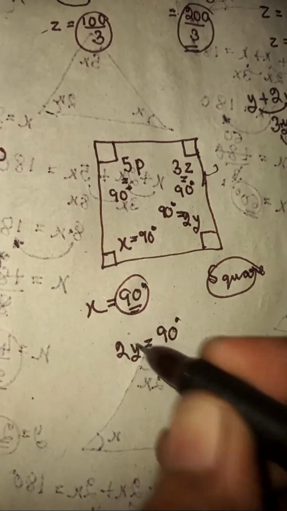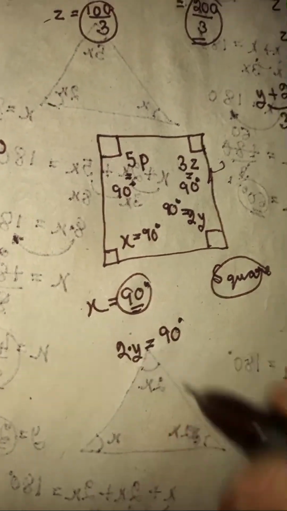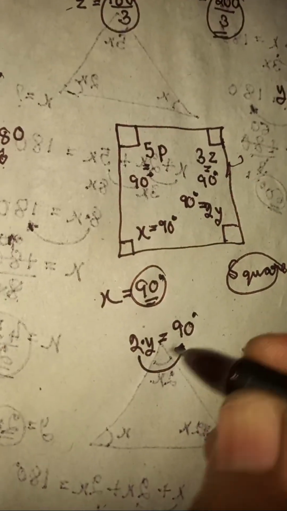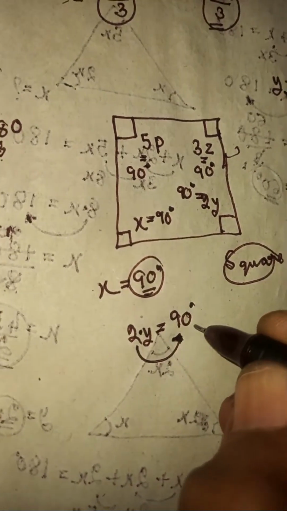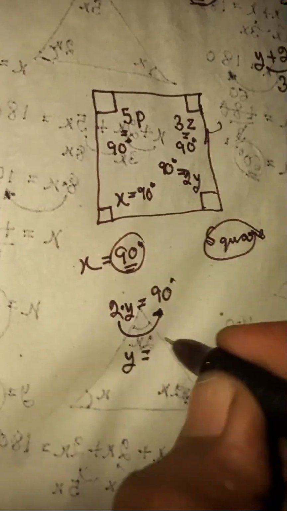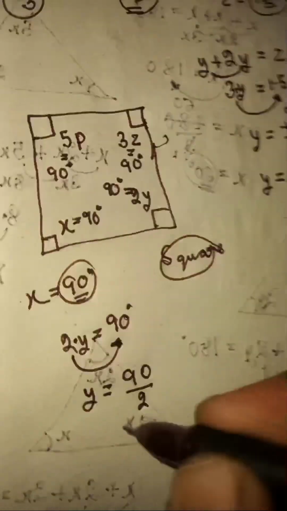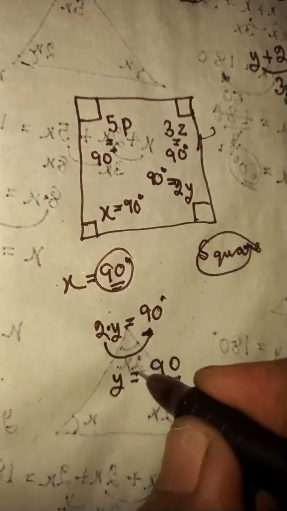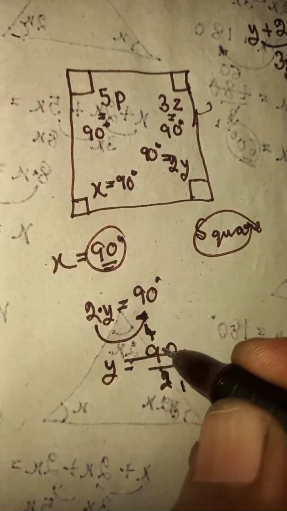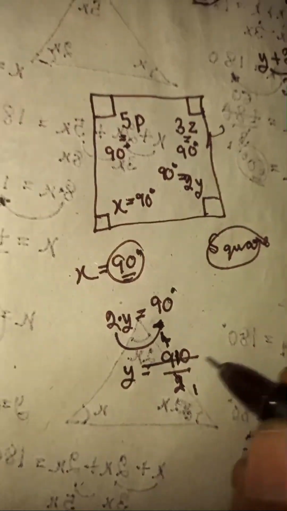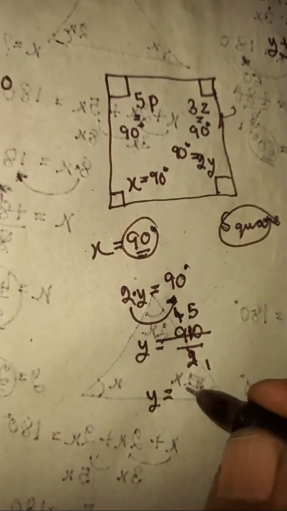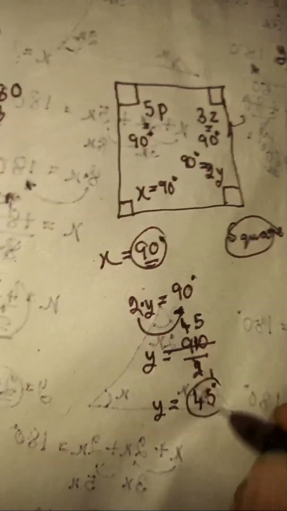This 2y you can write as 2 times of y, and when 2 comes here, it comes to denominator on the right side of the equation, 90 by 2. Now we can divide, 2 4 times is 8, 9 minus 8, 1 going to remain, put that one here, 2 5 times is 10, so y equal to 45 degrees.